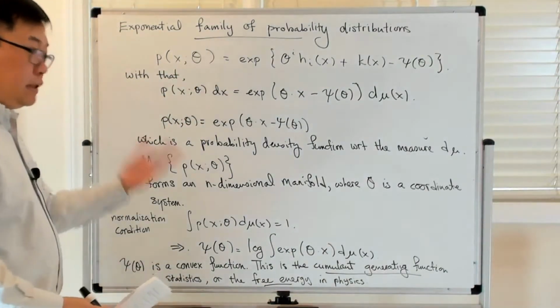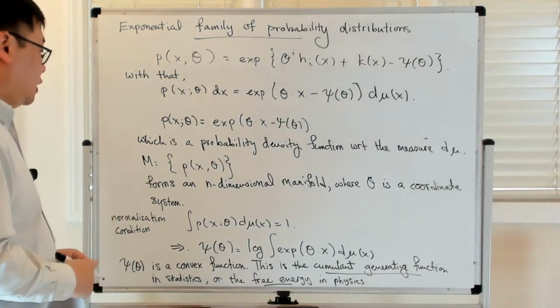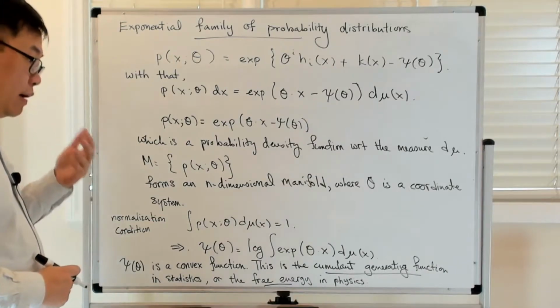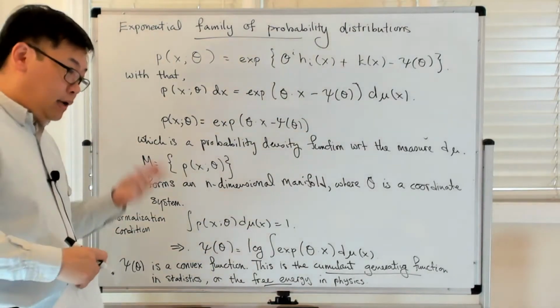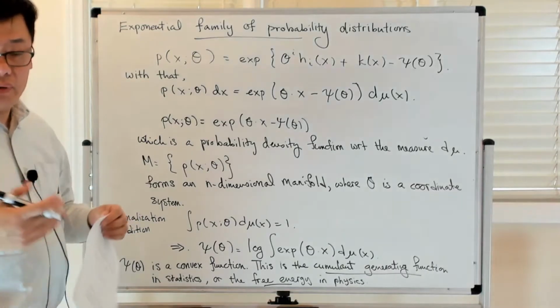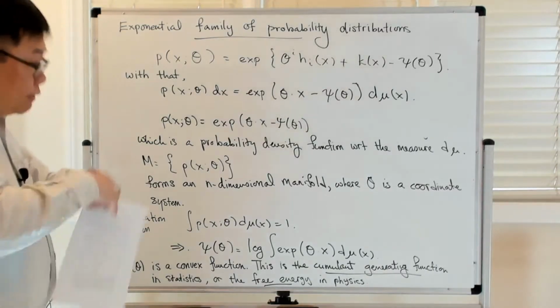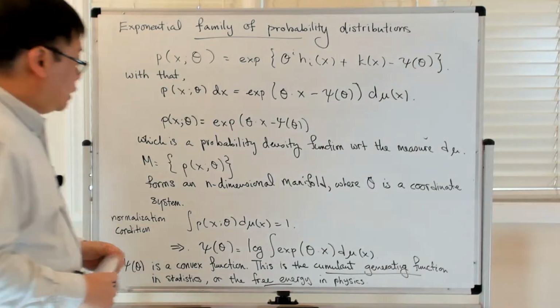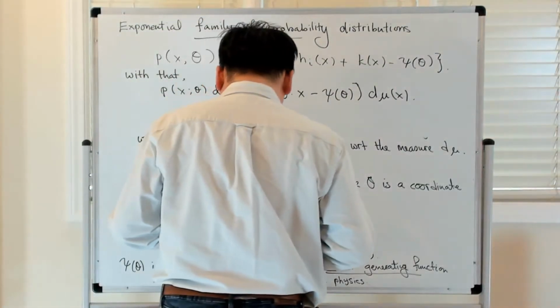So by now, you should know that if you have a convex function, then one natural thing to do is to take that convex function and construct something like a Bregman divergence from this, and then define this dually flat structure on that manifold. So that's what's going to happen.